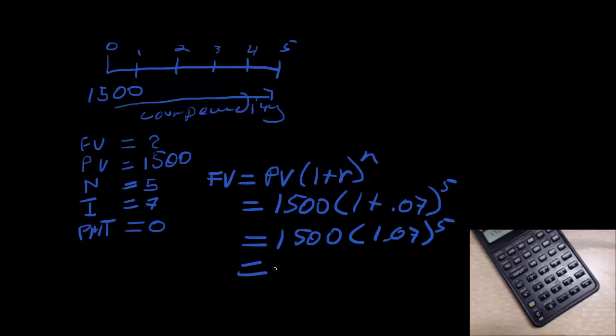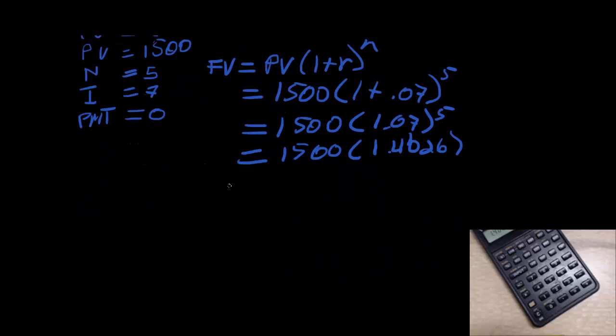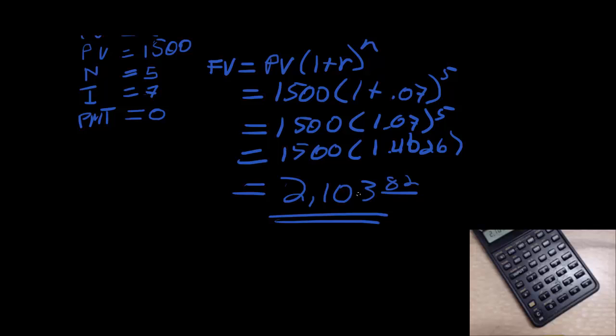And so this is the same as saying 1,500 times 1.4026. If we keep going down the math, all I'm doing is multiplying those together, and I multiply that number by the 1,500, and that gives me a total result of $2,103.82. So this is my answer. This is how much money I'm going to get at the end of the time period when I get there.